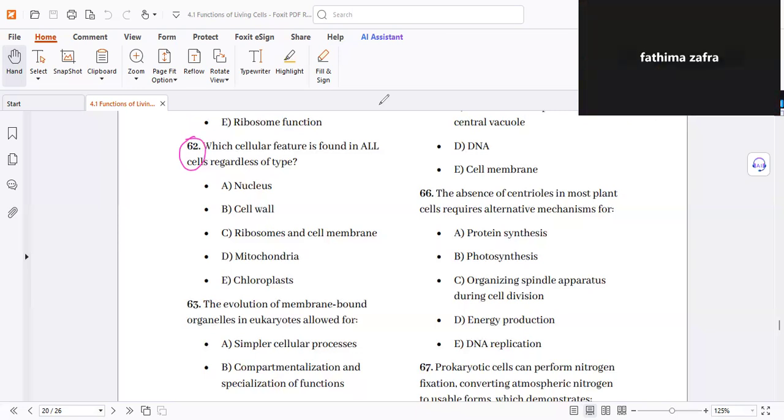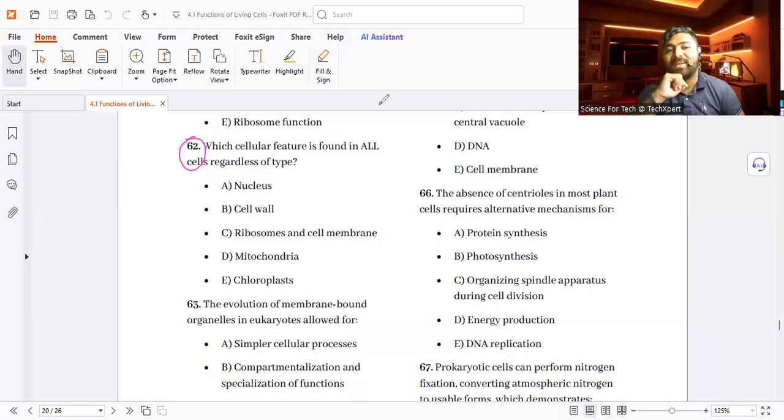So A. No. Can you see a nucleus in every cell? No, not nucleus.